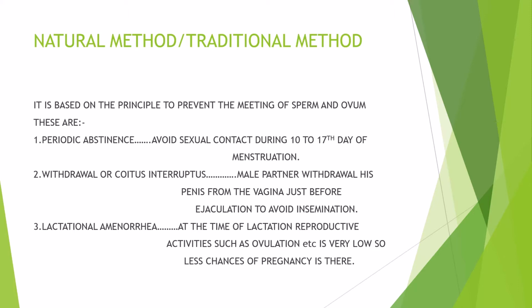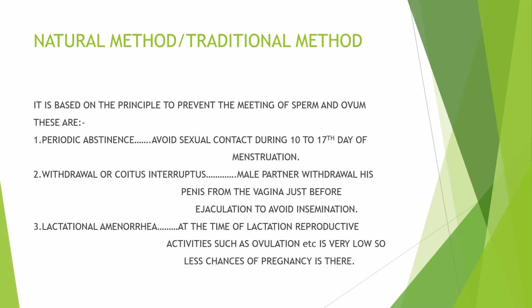If there is no fertilization, there is no possibility of reproduction. So the natural method is based on a simple principle: to avoid the meeting of sperm and ovum. There are three methods included in this.